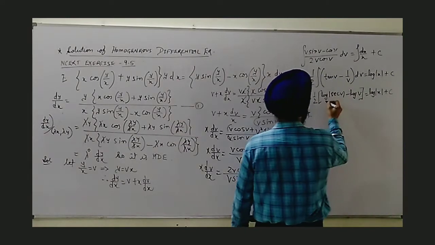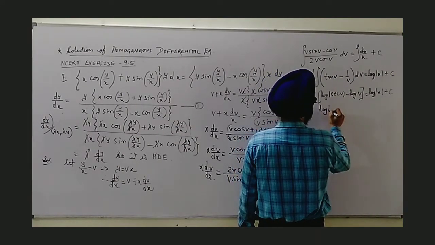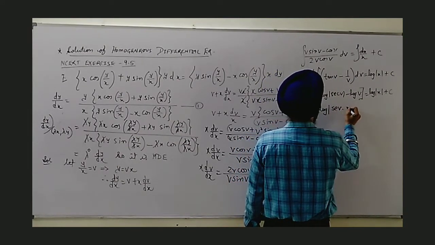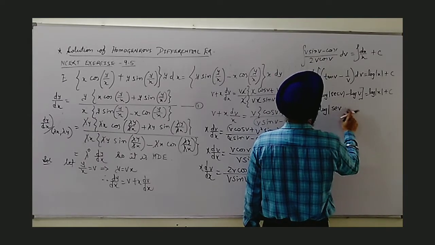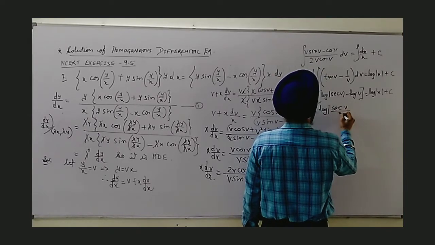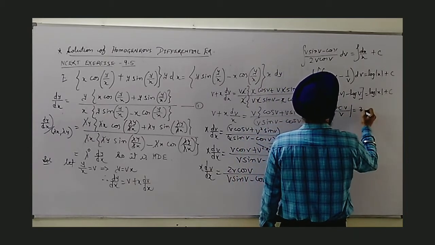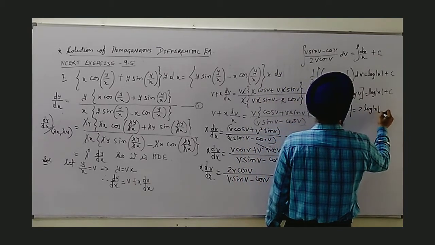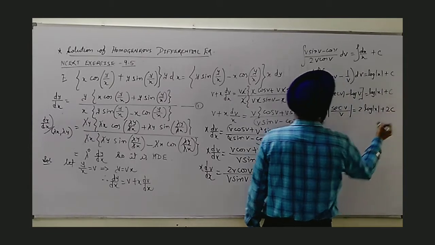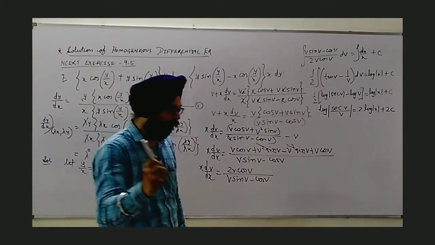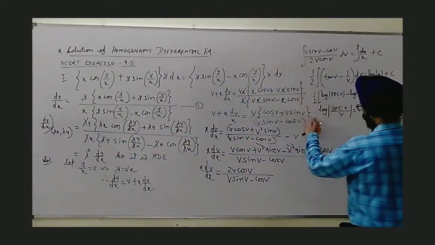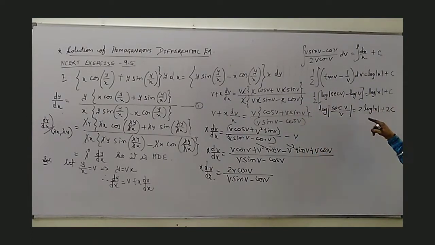You see the change. We get log mod sec v dot, this is sec v upon v, because of properties of log. Here we are having 2 log mod x plus 2c. Why am I doing so? Whenever you see 1 upon 2, 1 upon 3 like that, shifting to the right hand side will make it an integral power of this function. So it is more convenient.